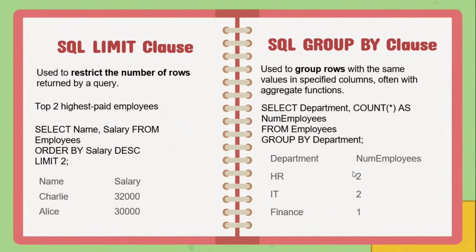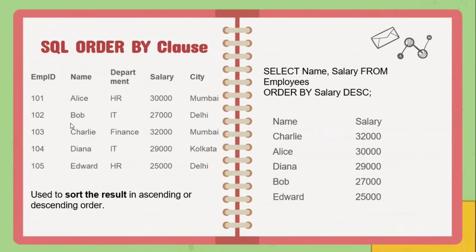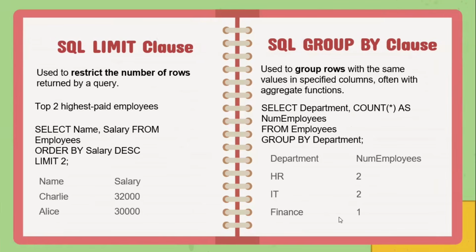So we can use this group by clause just to group the data together when the particular column contains duplicates. If it doesn't have duplicates, then also we will get a result like finance. Here you can see that only one data is there in the finance department, so that's why the count is 1. So it just groups the data together.